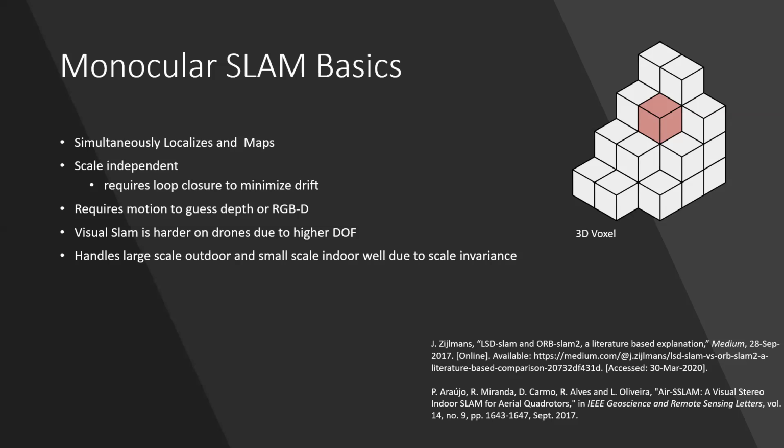But that scale independence is good and bad, in the sense that it makes it very hard to tell how big things are and makes the calculations more difficult. But it handles large scale outdoor and small scale indoor environments really well due to that scale invariance. It doesn't care if you're in a 10 foot by 10 foot room versus a 100 by 100 foot outdoor space because it doesn't care about the scale. So pros and cons to how it gets used.